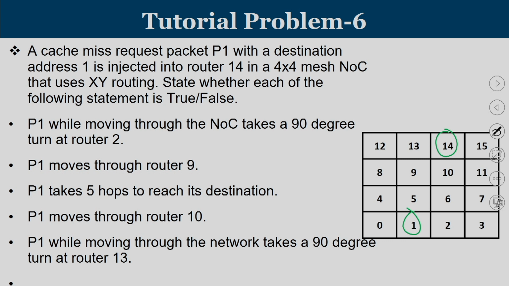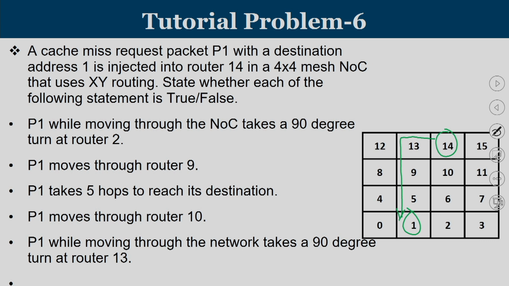It uses XY routing. State whether each of the following statements is true or false. So, for a packet from 14 to 1 using XY routing, this is the path it is going to take, X and then Y. Now, considering this, let us try to find out about P1 while moving.